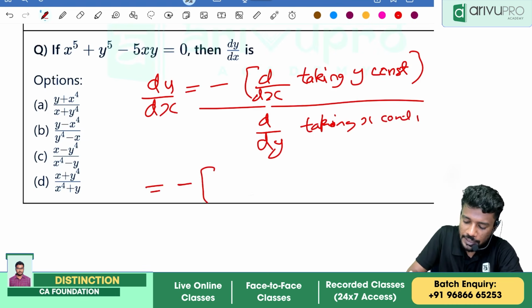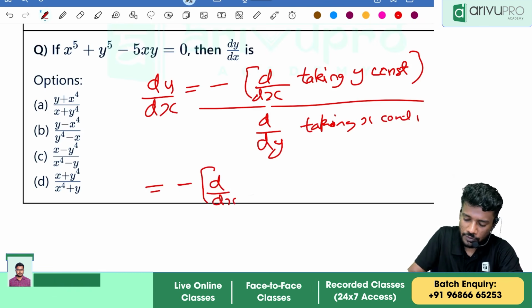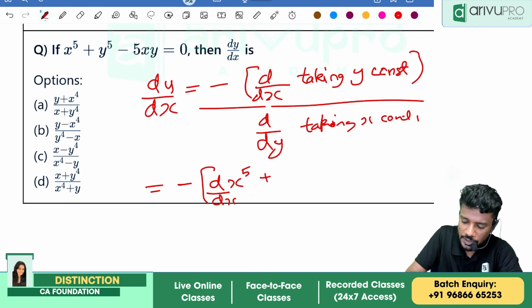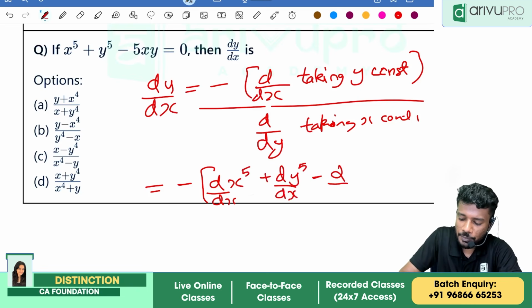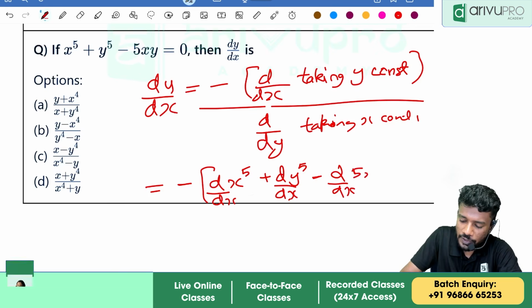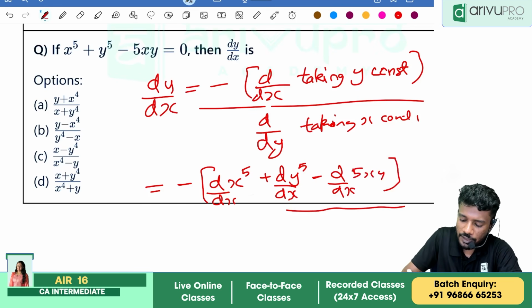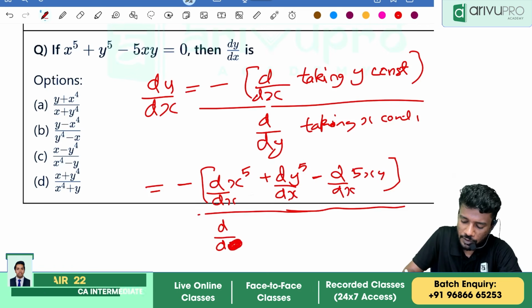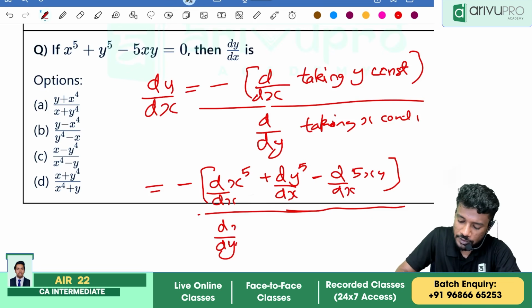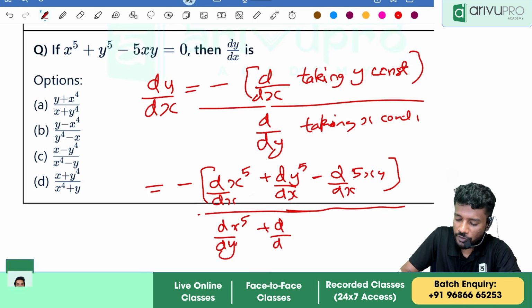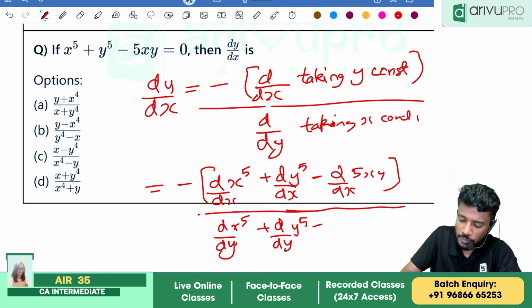Minus of d by dx of x raised to 5 plus d by dx of y raised to 5 minus d by dx of 5xy. The entire thing is divided by d by dy of x raised to 5 plus d by dy of y raised to 5 minus d by dy of 5xy.